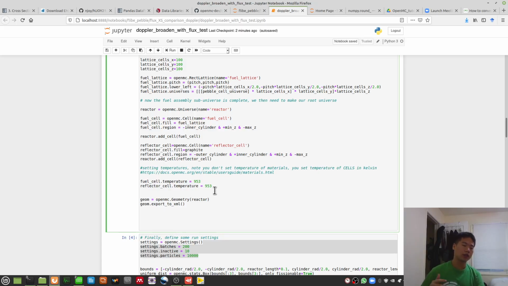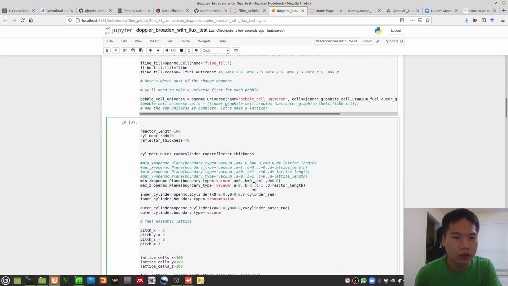So if you have fuel go up to that temperature, it should help to slow down the reaction significantly. So 1200. But let's put 973, because I know at 953 this configuration will work.